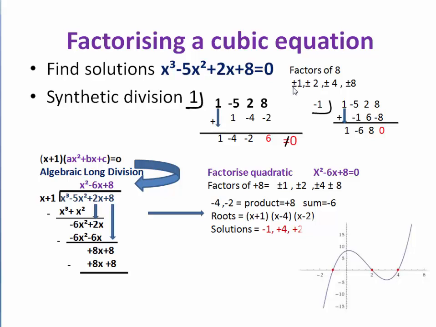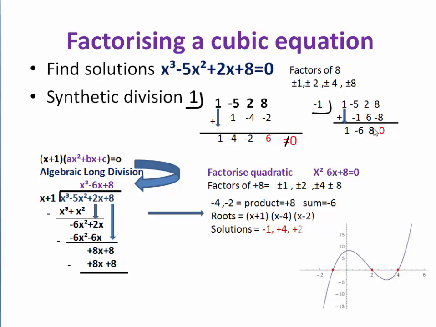Okay, let's take the next number, minus 1, and when we do our synthetic division, bring our 1 down. 1 multiplied by minus 1 is minus 1, minus 1 plus minus 5, minus 6, minus 6 multiplied by minus 1 is 6, 6 plus 2 is 8, 8 multiplied by minus 1 is minus 8, minus 8 plus 8 is 0.